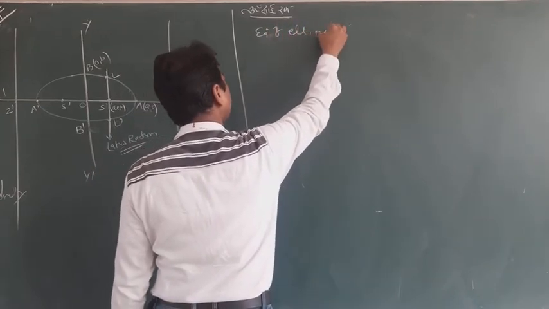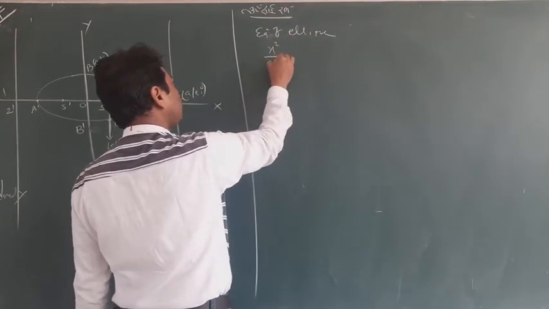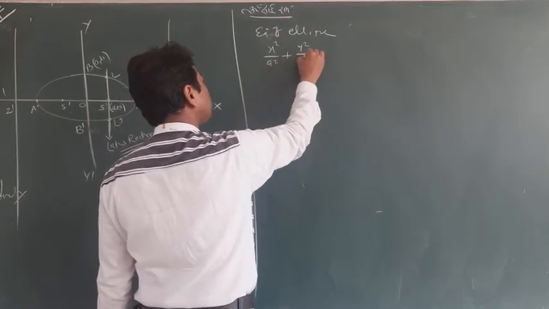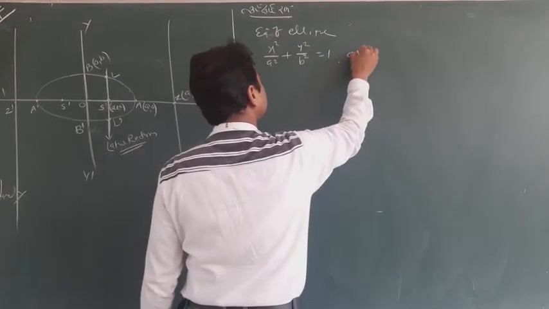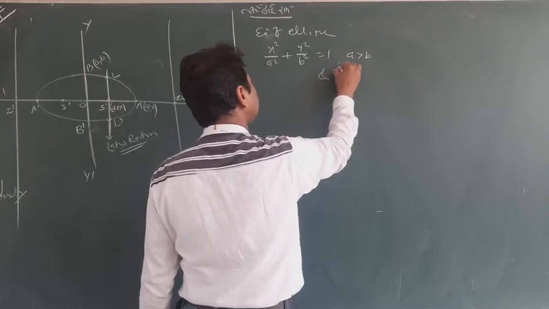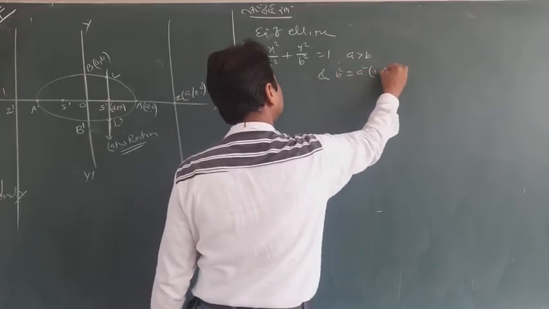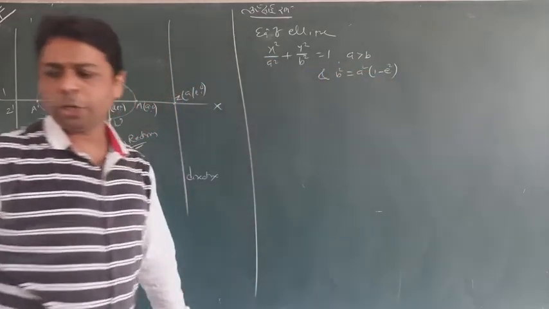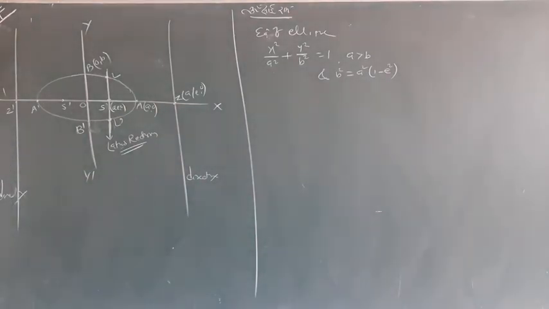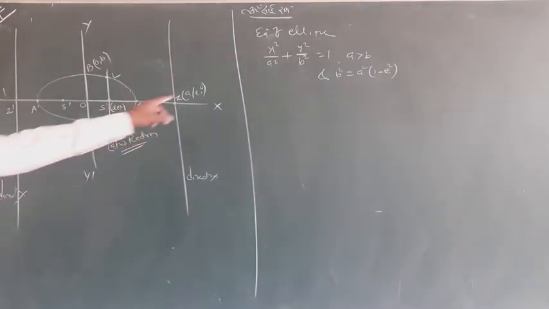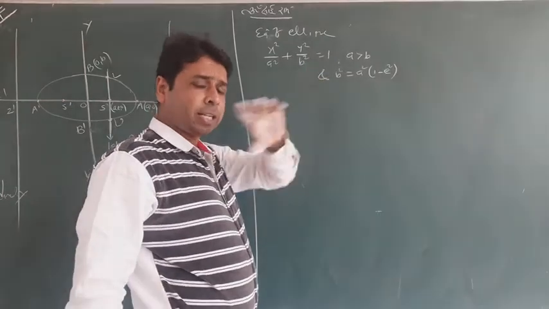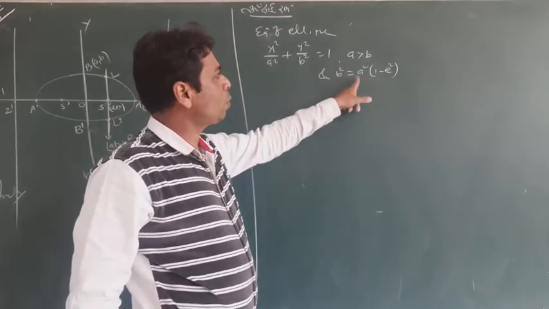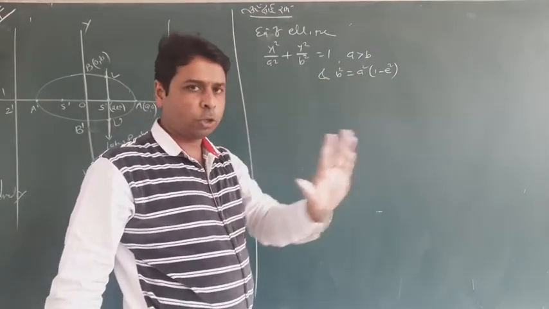The equation of ellipse you have seen: x square upon a square plus y square upon b square equals 1, where suppose a is greater than b and b square equals a square times 1 minus e square.